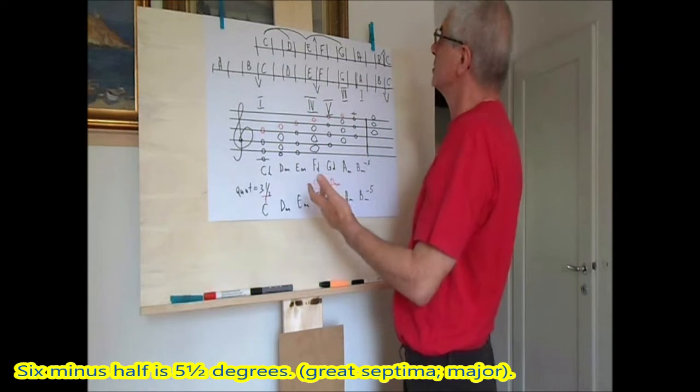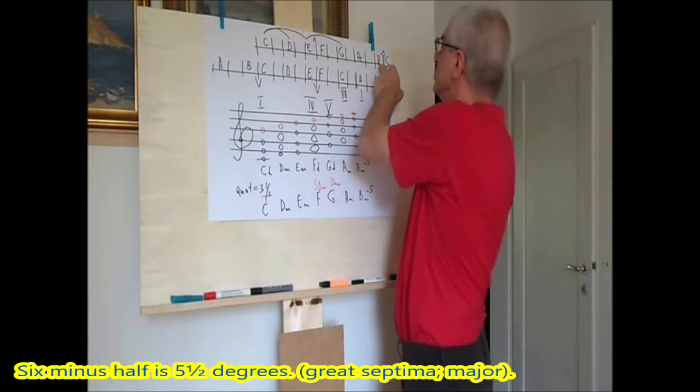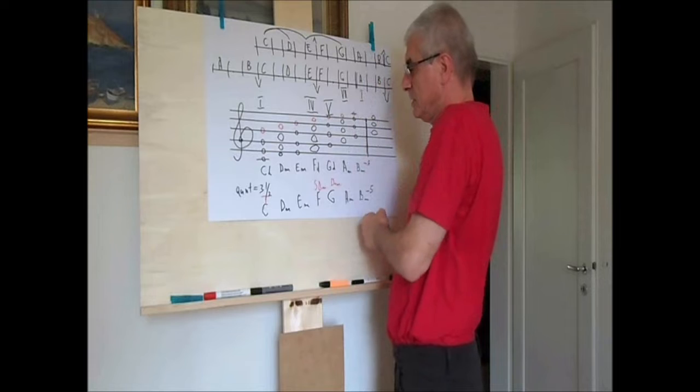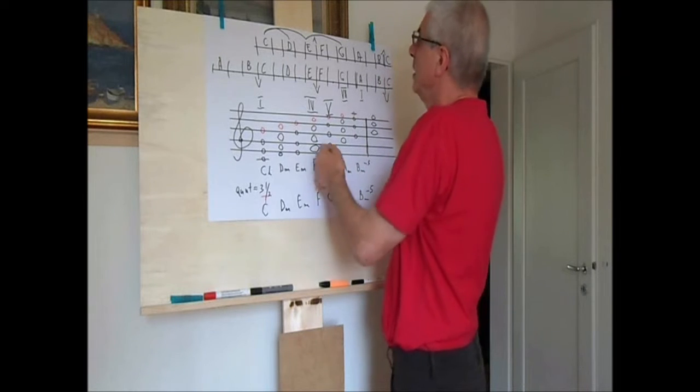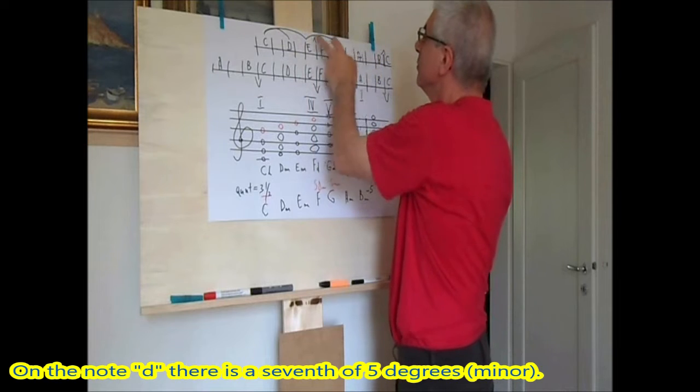Six minus half is 5.5 degrees. Major seventh. On the note D, there is a seventh of 5 degrees, minor.